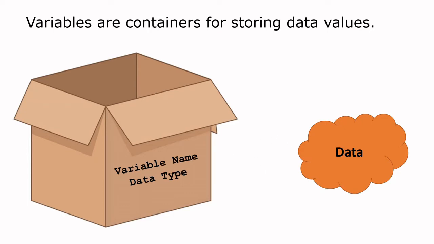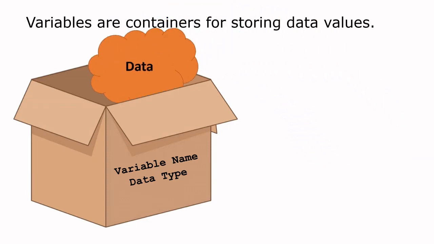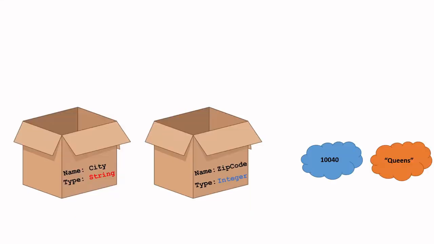First of all, any variable must have a variable name, and also there must be a specific type of data that this variable is going to be able to store. So data will be placed in these variables to store them for later, so we can use them in, let's say, calculations or some other procedures. In simple words, we say that variables are containers for storing data values.